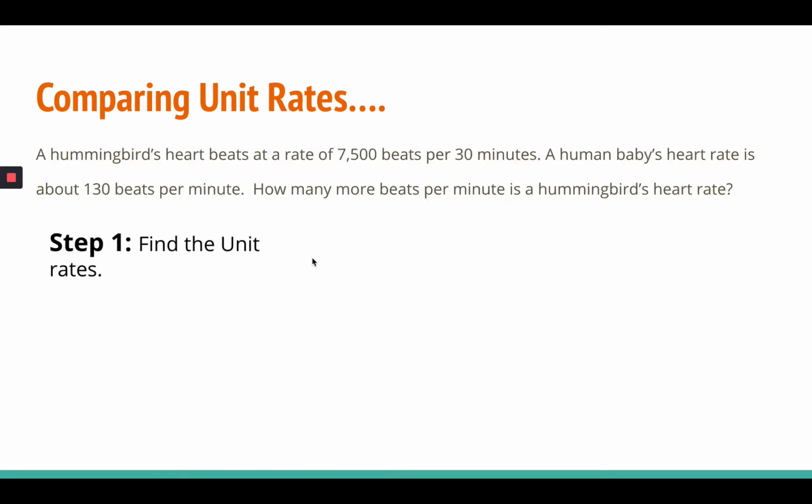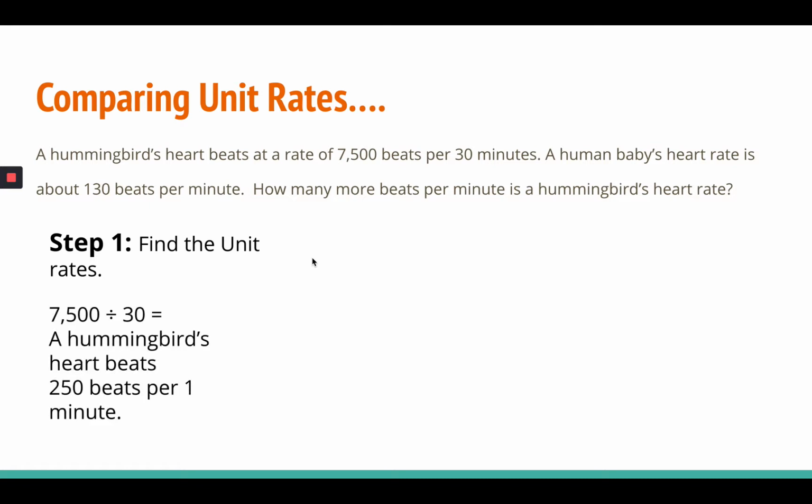So step 1, find the unit rates. Because I had a hummingbird's heart rate over 30 minutes, I just divided both the top, 7,500, and the bottom, 30, by 30. So 7,500 divided by 30 is going to tell me that a hummingbird's heart rate beats at 250 beats per 1 minute.